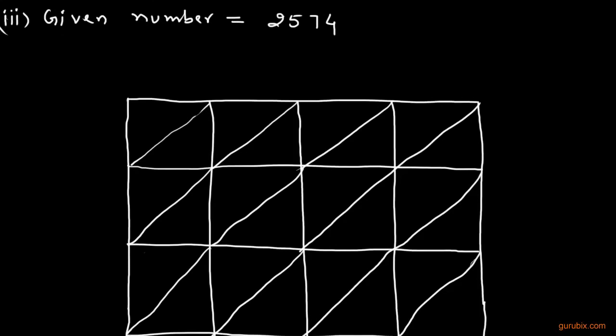And in the third part we are given a number in which there are 4 digits. We are given a 4-digit number, so we shall draw a square. This is a square, and make it 4 by 4 squares, meaning 16 parts of the square.